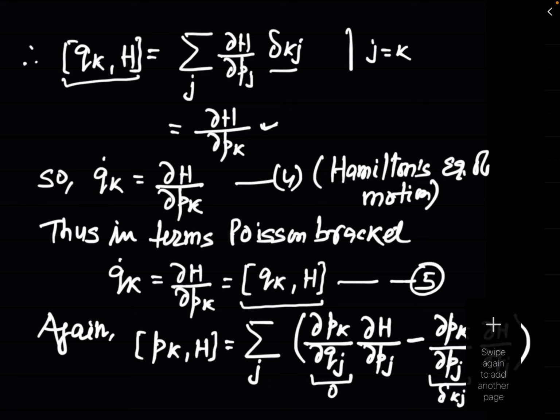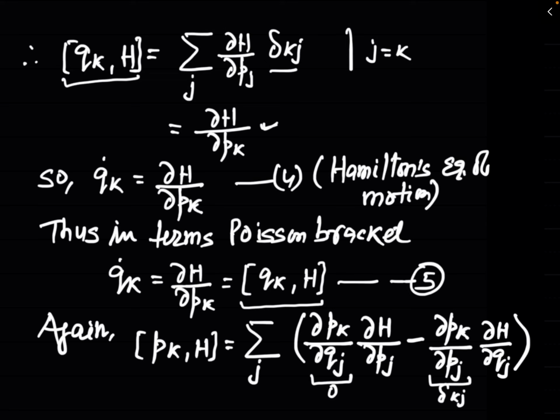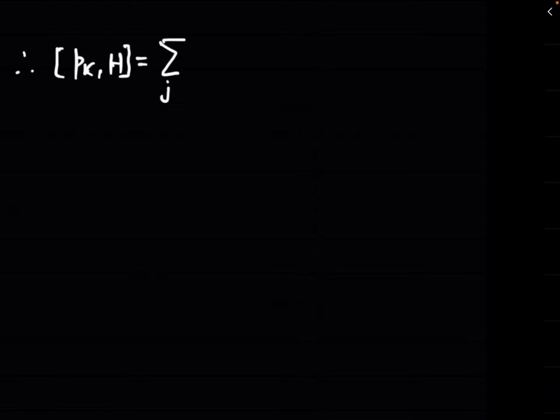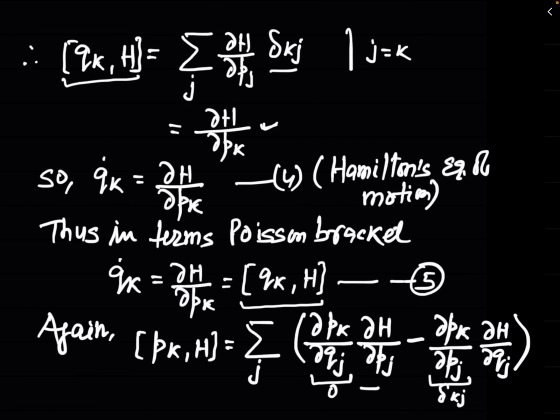So now you can write this Poisson bracket in this manner. Therefore, the Poisson bracket of pk and h will be summation over j. The first term becomes 0, and in the second term there is a minus sign, so write here minus sign, and the remaining terms are del h by del qj times delta kj.